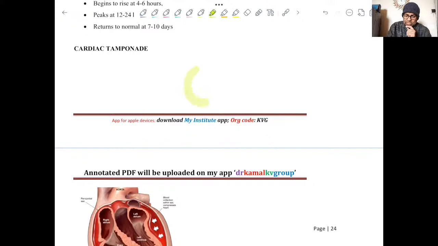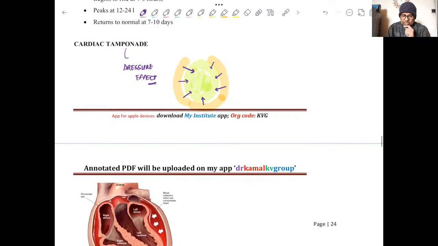Suppose this is the heart, then if there is any sudden, massive collection outside the heart, it will press upon the heart and prevent the usual functioning of the heart. So tamponade is actually a pressure effect. That pressure effect is the whole cause of the problem.